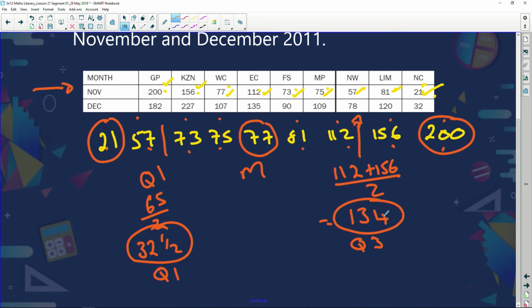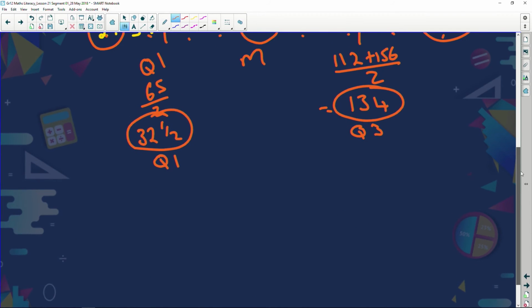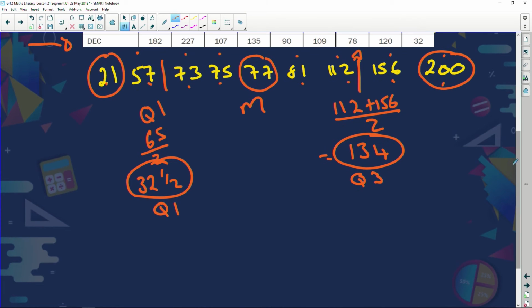Let's now do the same thing again, but now we're going to do it for the month of December. So again, we get all our data and we are going to rewrite it. We've got to make sure that we use all the data. My lowest number is 32, so I'm writing 32. Then I have a 78, so let's write 78.